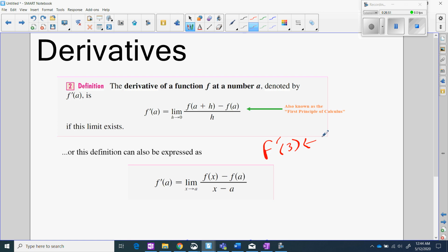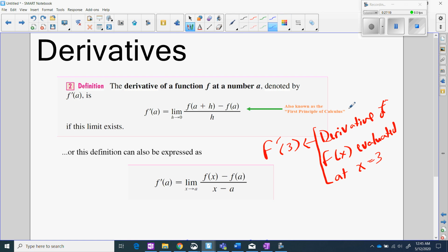This means the derivative of function f of x evaluated, meaning I want to figure out what it's actually equal to, at x equals 3. So then if you break that down to more basic, say, well, derivative, what's derivative? Oh, wait a second. He told us that derivative is the slope of a tangent.